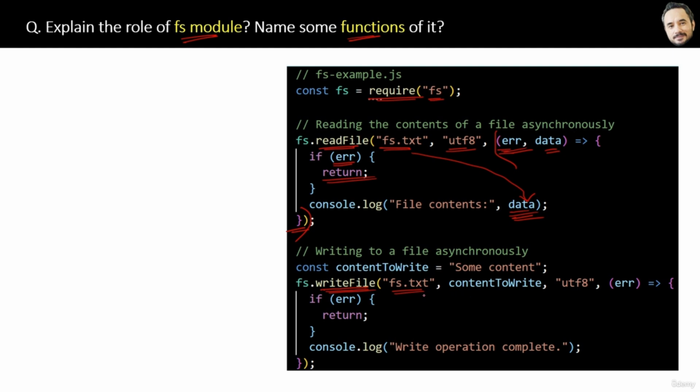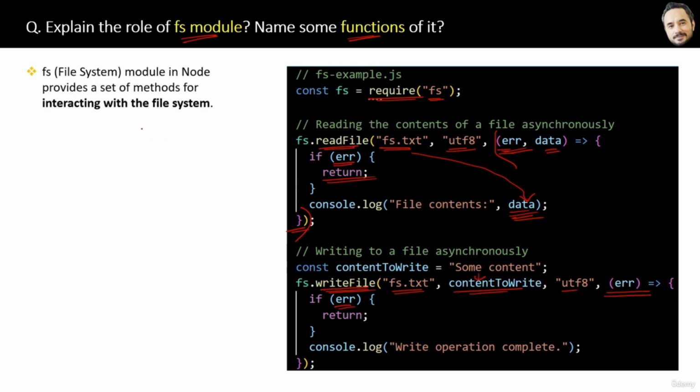Then the second parameter is the content source, and the third parameter is the same callback function to handle if there are any errors or any other scenario, okay? So that's it. Finally, the definition of FS module is: FS module in Node provides a set of methods for interacting with the file system.